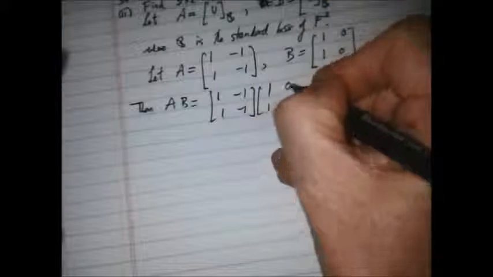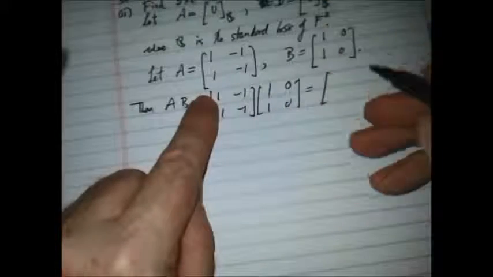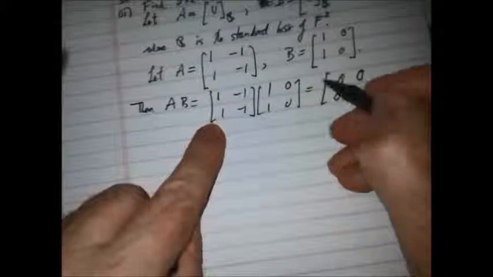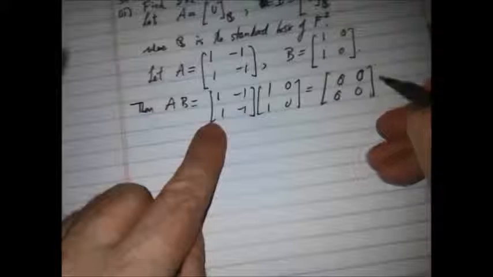Then A times B is the matrix 1, minus 1, 1, minus 1 times 1, 1, 0, 0. If you compute this, we get 1 minus 1 is 0, 0 plus 0 is 0, 1 minus 1 is 0, 0 plus 0 is 0, and that's a zero matrix.